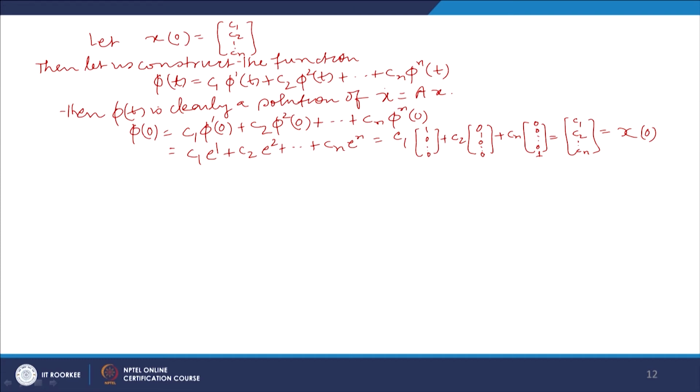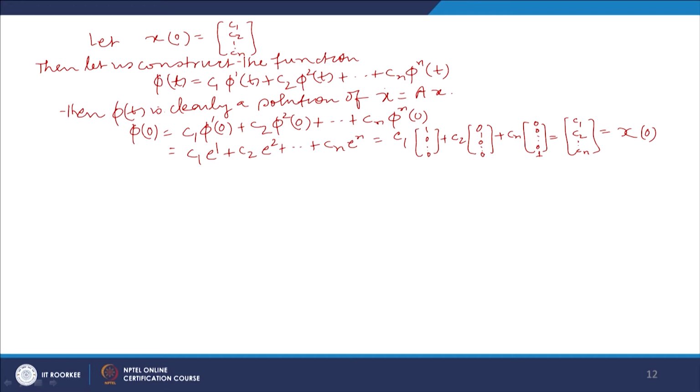So, now what do we notice? We see that phi t is a solution of x dot equal to Ax. x t is also a solution of x dot equal to Ax, and phi 0 and x 0 are the same. Phi 0 matches with x at t equal to 0. So, this means that by the existence and uniqueness theorem, it follows that the solution of the equation x dot equal to Ax must be unique.